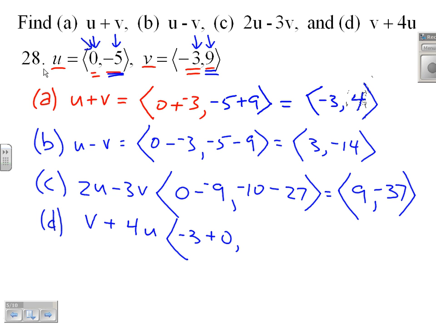Then I get v's y component, 9, plus 4 times u's component, 4 times negative 5, negative 20, for a resultant vector of negative 3 plus 0, negative 3, and 9 plus negative 20, negative 11. Compared to a lot of what we've been doing, not too bad.